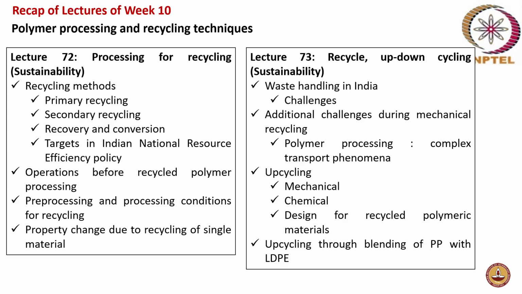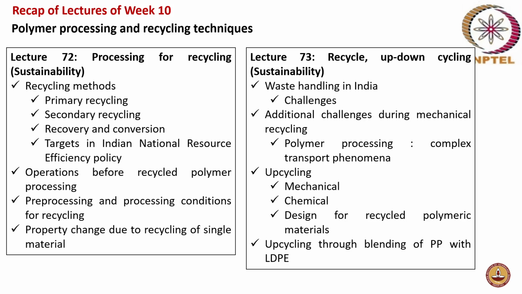Again, there can be properties which start reducing. For example, impact strength can fall from some value to some other value due to multiple recycling, which is not desirable. Similarly, viscosity can build up, which is not desirable for any particular use. So these were all discussed in this lecture.